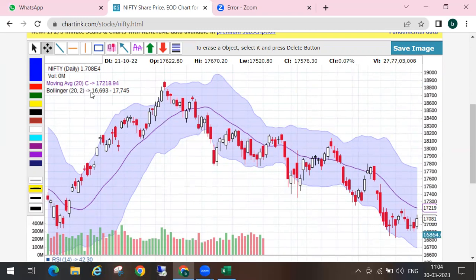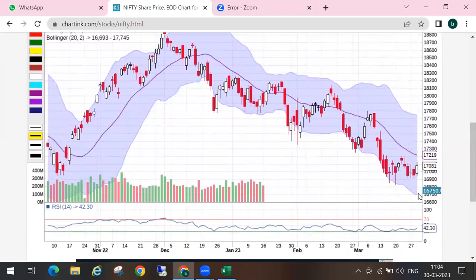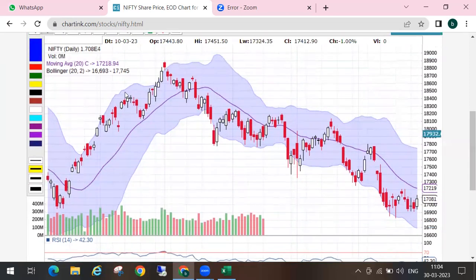Bollinger 20, 2: 16,693 and 17,745. What does this mean? 16,693 is the lower Bollinger Band, and 17,745 is the upper. See here, the upper band is somewhere between 700 and 800.